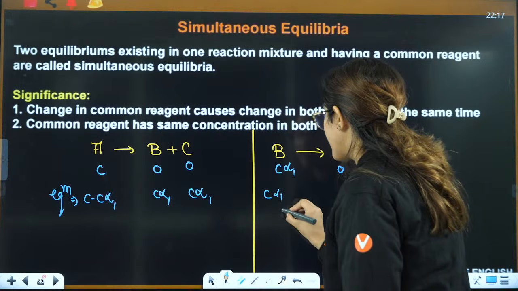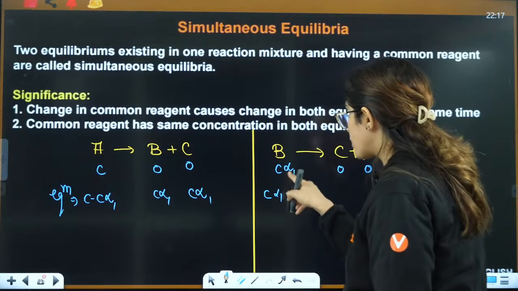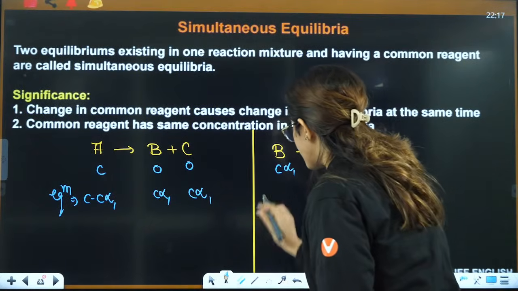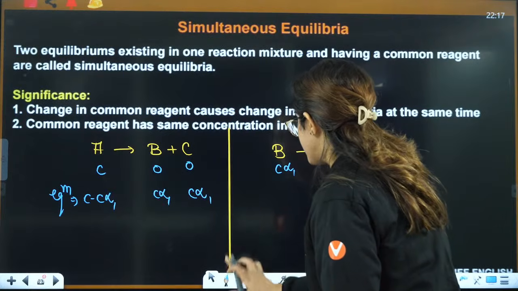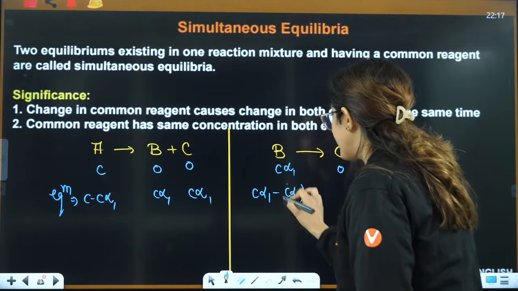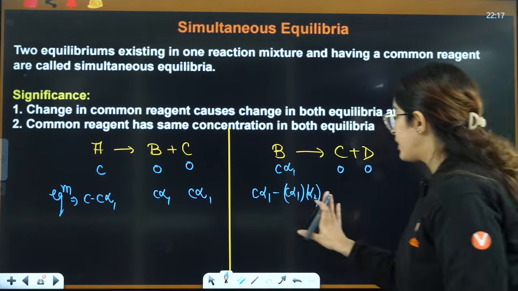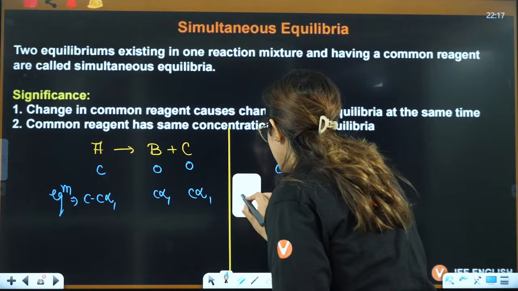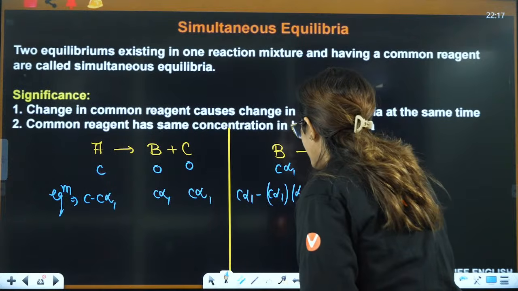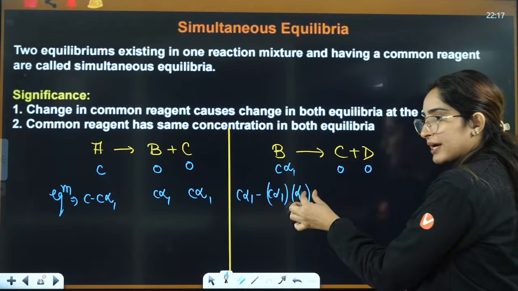C alpha 1 minus C alpha 1 into alpha 2, the initial concentration multiplied by the degree of dissociation.